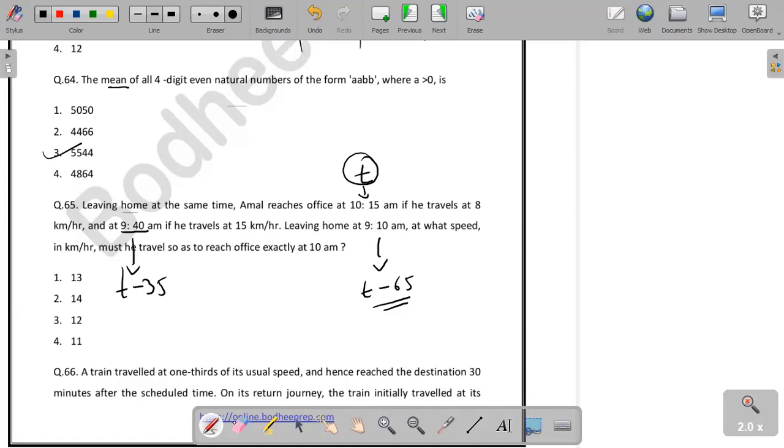Okay okay, this should not be the point of concern, because he wants to reach the office in 50 minutes, right? So if I go by that logic, here I am assuming he is taking t hours, right? Why am I taking t hours and not minutes? Because the answer is required in kilometers per hour, so it is better to take t hours.